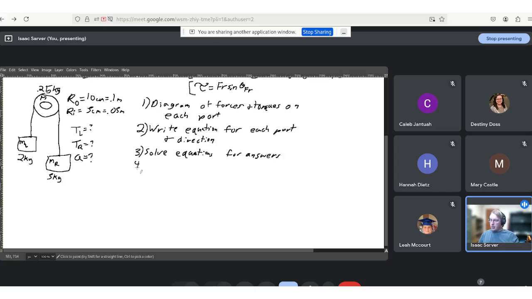And then 4, I would recommend, but do not require, an idiot check. Basically, if you don't solve it out algebraically, it can be hard to do an idiot check here.